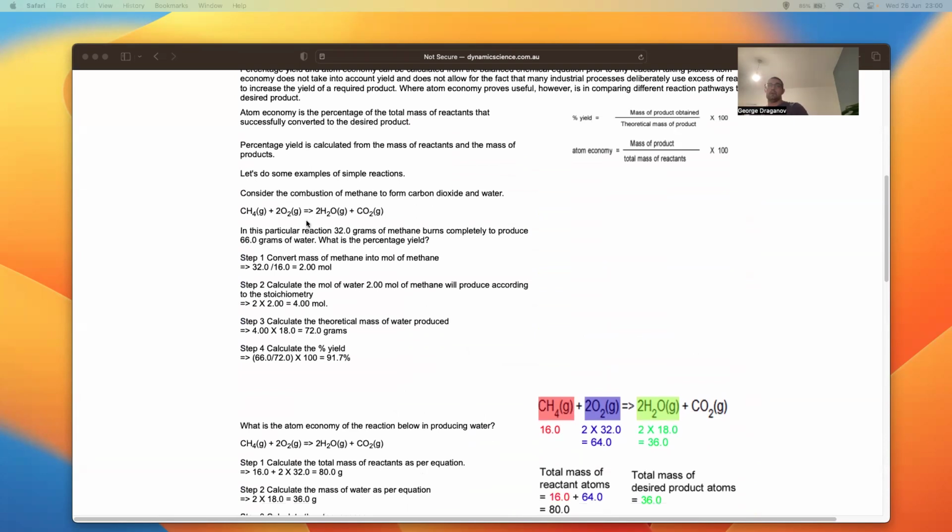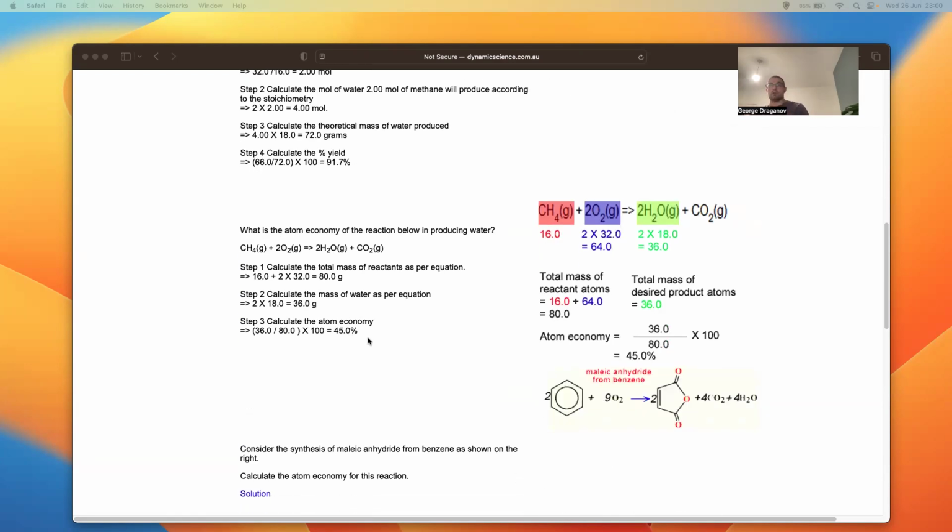So this was the percentage yield here. So they used 32 grams of methane. How much was the percentage yield to produce 66 grams of water? So they've done all the calculations for you, but the important thing is they got 92% roughly. So as you can see, the atom economy was only kind of half of the percentage yield. So the percentage yield and atom economy are different things.